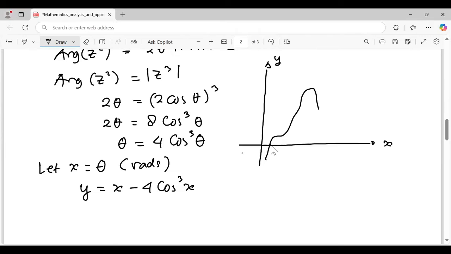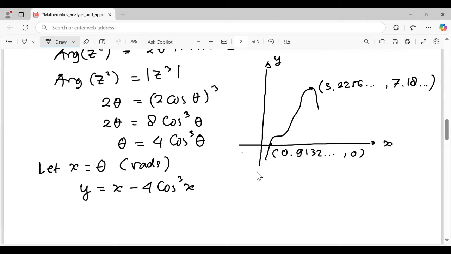The intercept point here, on my calculator, Casio graph, is 0.9132 and so on, 0, and here the maximum is 3.2256 and so on, 7.18 and so on.